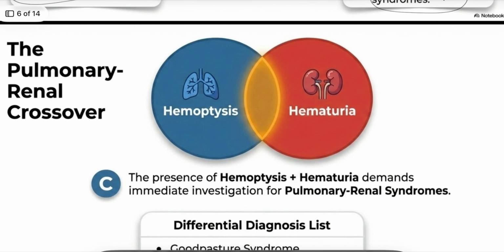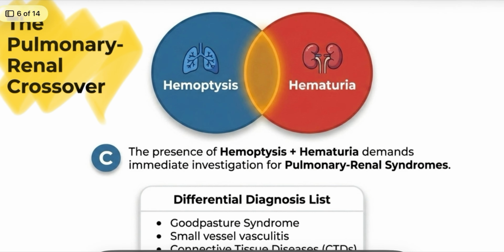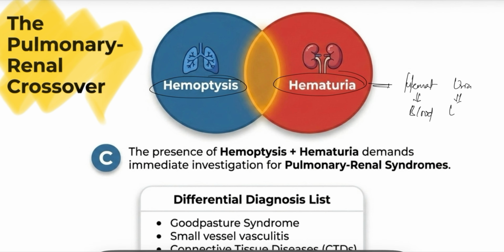The next slide is the pulmonary renal crossover. You have to remember there is hemoptysis and there is hematuria. Hematuria means blood in the urine, and hemoptysis means blood from the lungs.